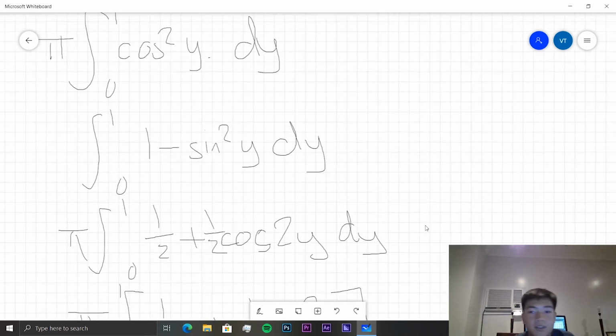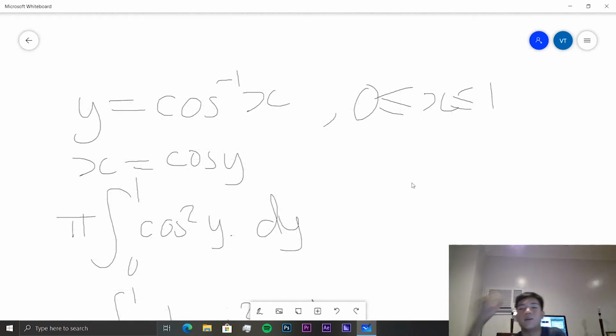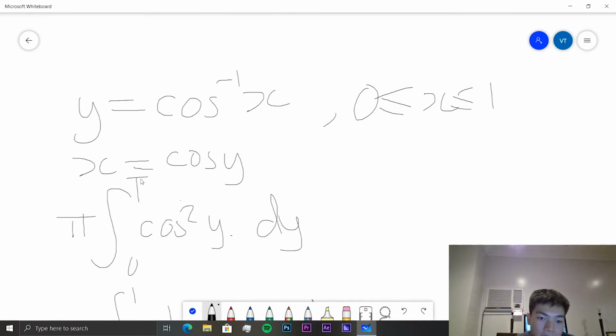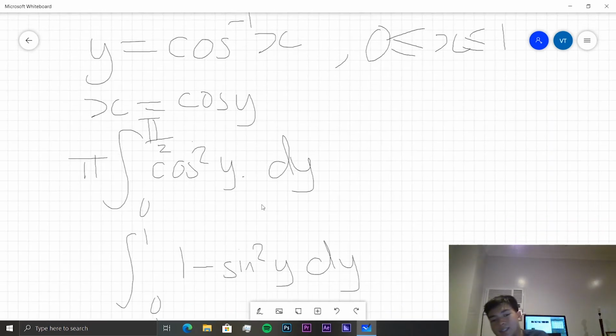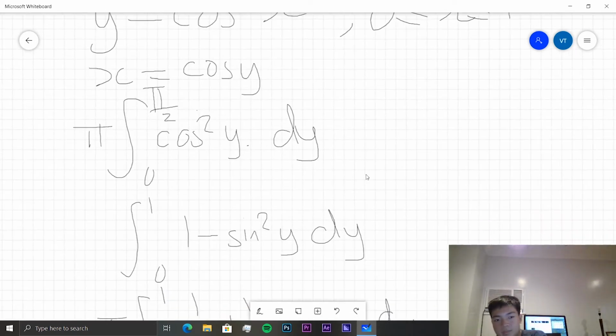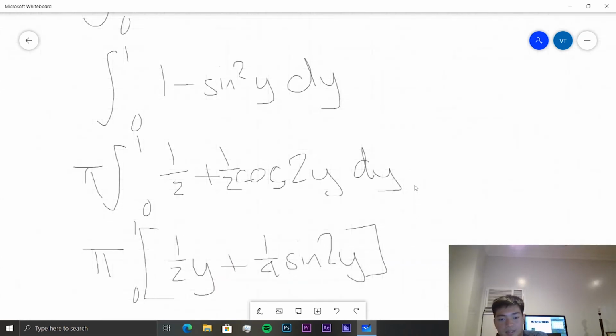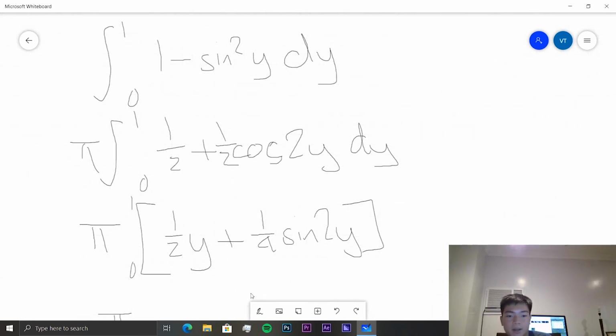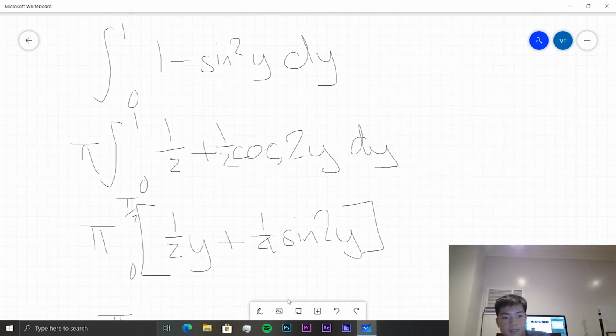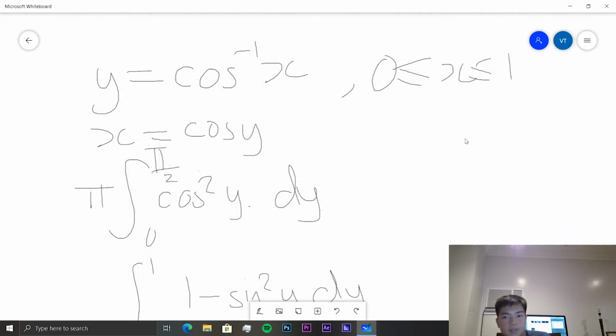Oh, 0 is less than x is less than 1. Oh. So this is actually pi over 2 and 0. Okay, which makes more sense. So this should be pi over 2 and 0, I believe.